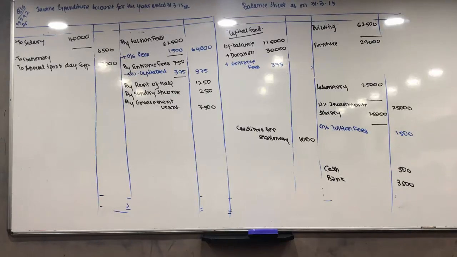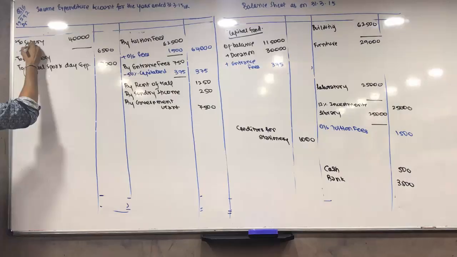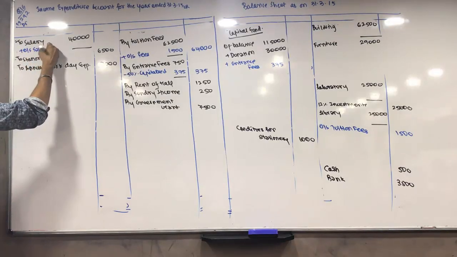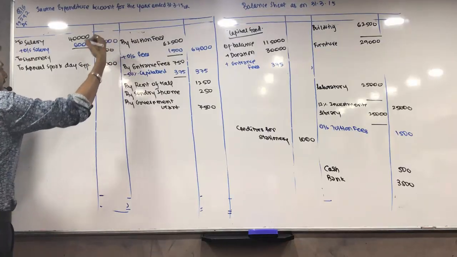Then salary outstanding 6000. Salary outstanding 6000, plus outstanding salary. Second effect.